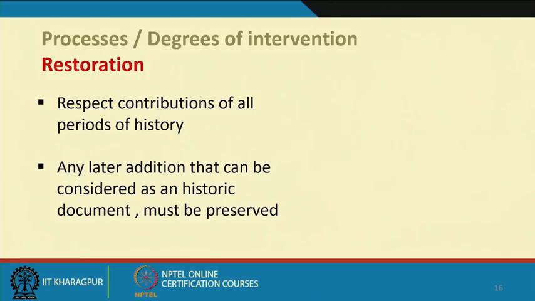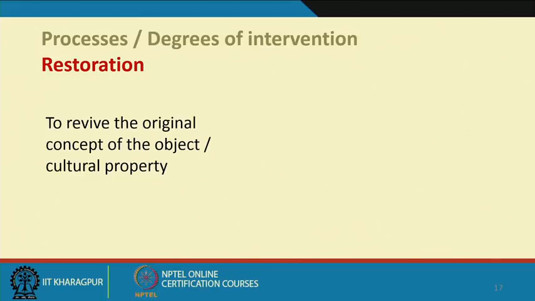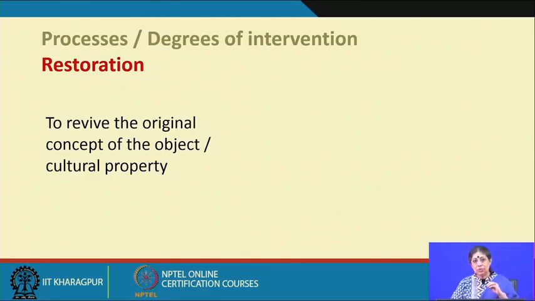What it says is that something which is part of the historic document which has been added at a later time must be preserved. So, that means it is a very cumulative process. And again I am saying, to revive the original concept. So, let us see some examples to try to understand what it means.